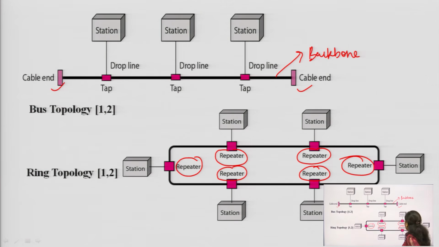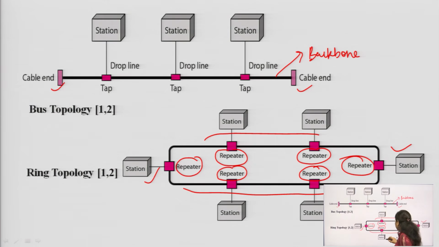There are 4 to 5 different stations connected in a ring form. There is an issue of security also, because if this device wants to transmit data to that device, it has to pass through these 2 stations, or through those 2 stations. These stations can listen to or grab the information that the first and the last station want to communicate.